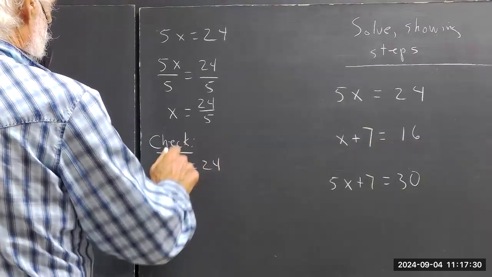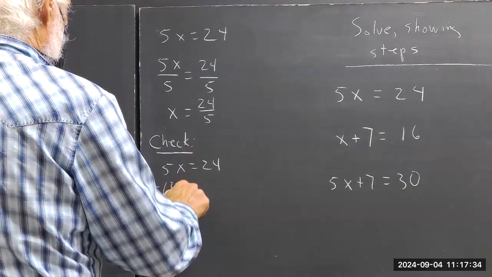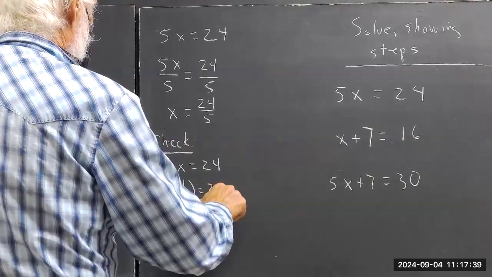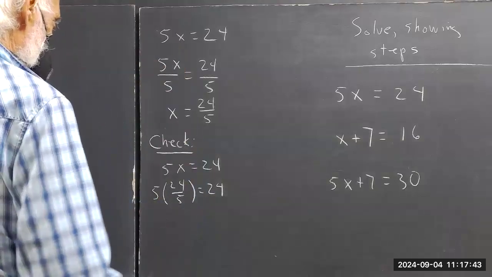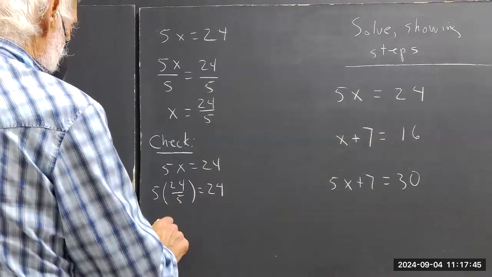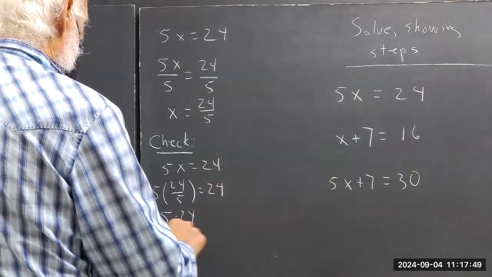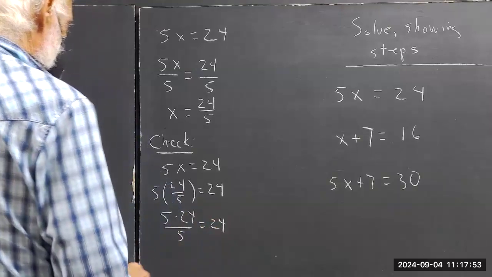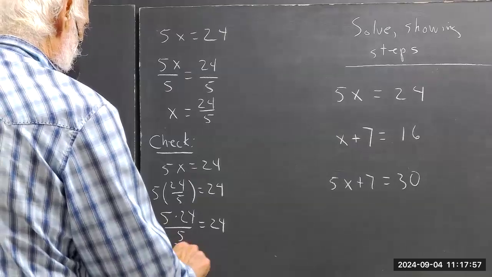We substitute the 24 fifths, and we see if that works. Now we don't cancel, we don't put lines through this, we multiply it out. Five times 24 is 120.